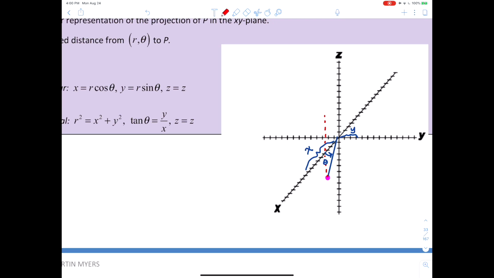You bring this up however high you want to go, however high your point is for your z. So this point right here is xyz in rectangular coordinates, and it is r theta z in the polar coordinates.